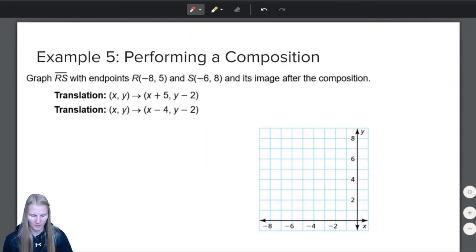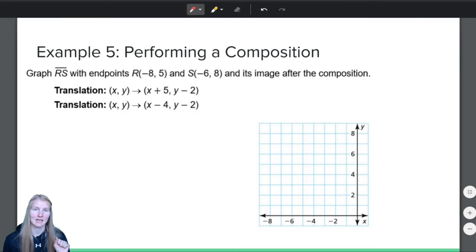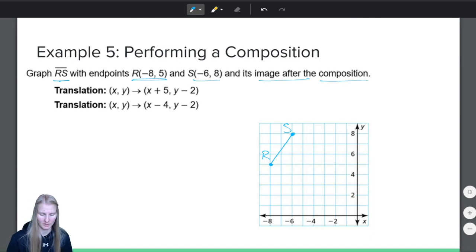Okay, let's move on to our very last example for today, performing a composition. So let me get blue because our pre-image is blue. Graph segment RS with endpoints R at -8, 5 and S at -6, 8, and its image after the composition.